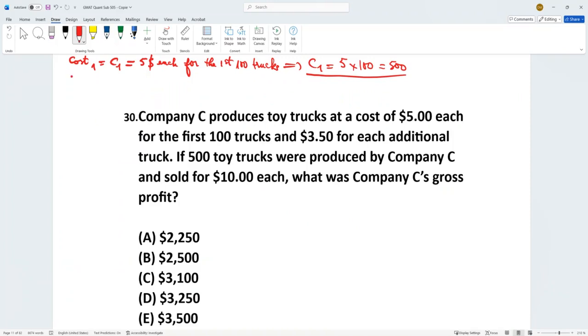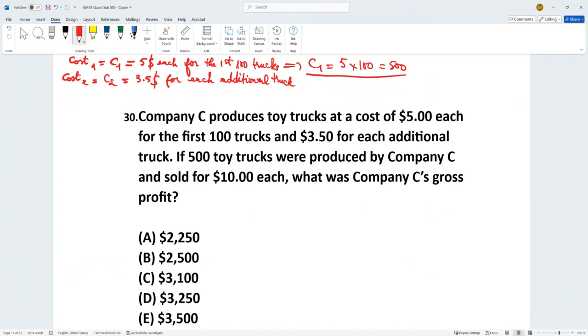Then it says, and $3.5 for each additional truck. So that means cost 2, which is C2, is $3.5 for each additional truck.